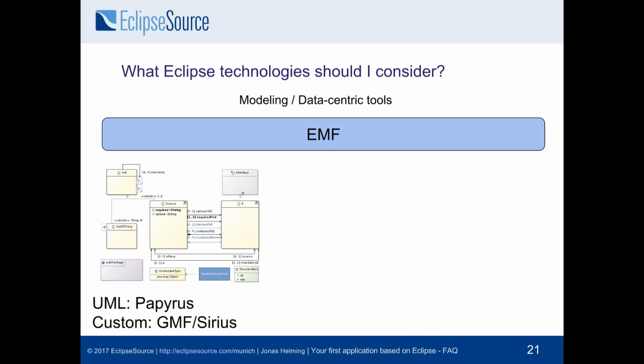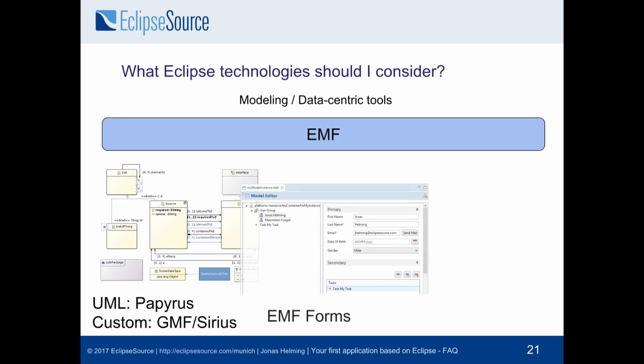If you want to do something graphical related to UML, I would have a look at Papyrus. If you want to have a custom graphical editor, then GMF and Sirius are the frameworks to go. So those frameworks make it very efficient to produce anything like that. If you want to modify your data in a form-based UI, meaning you have attributes, layouts, complex tables, anything form-based, then have a look at EMF forms.